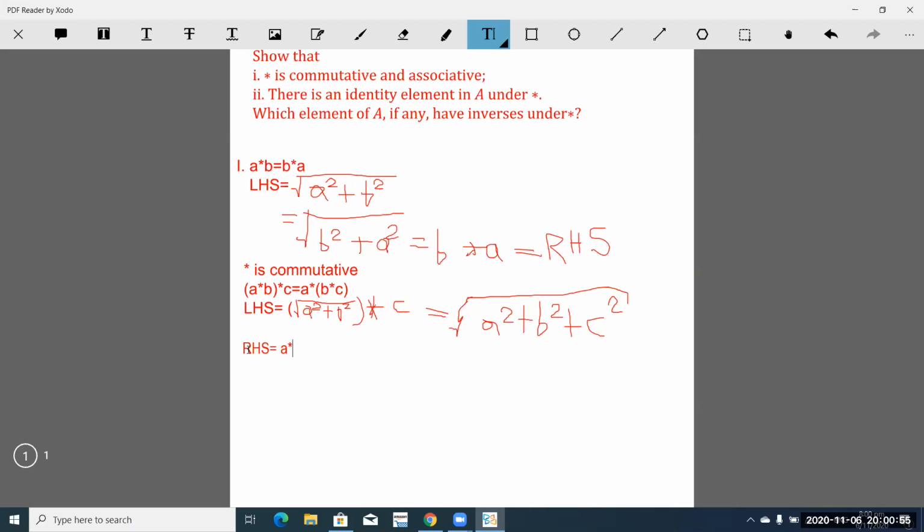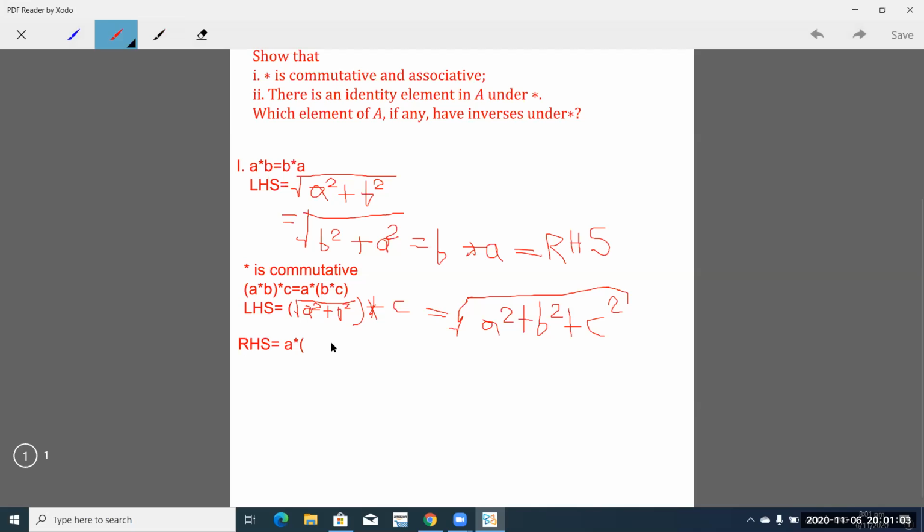What's b star c? It would be the square root of b squared plus c squared. Very good. Now what is a star the square root of b squared plus c squared?